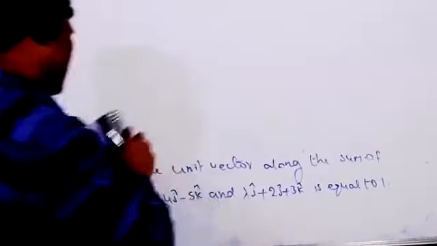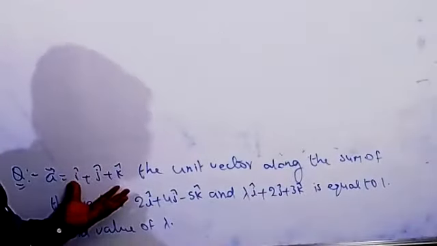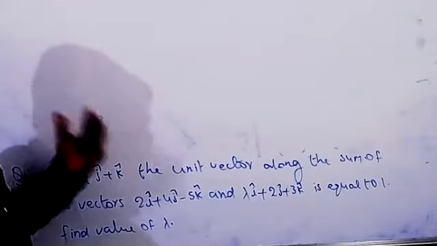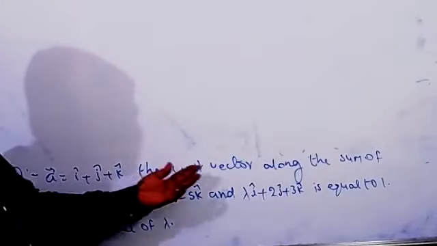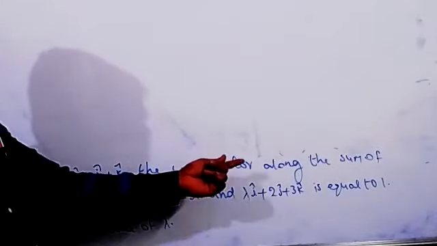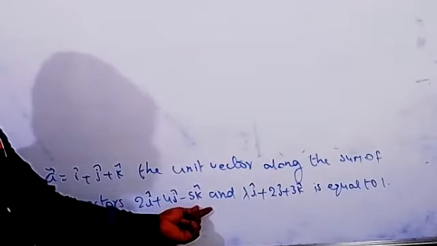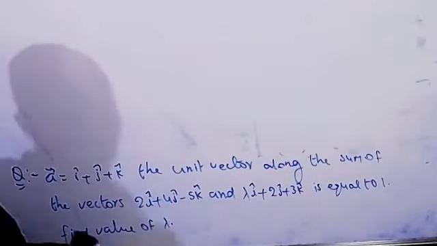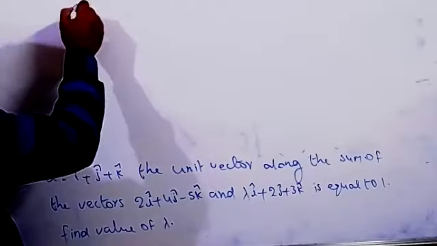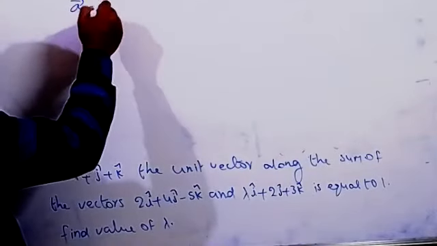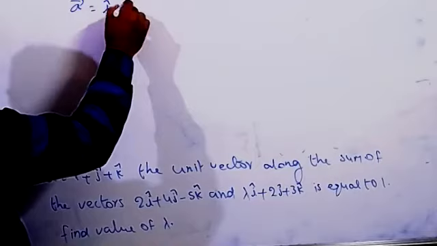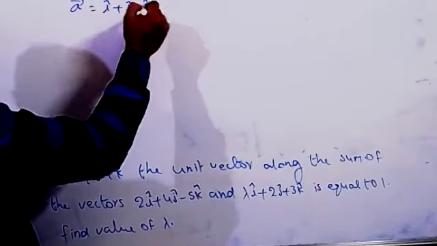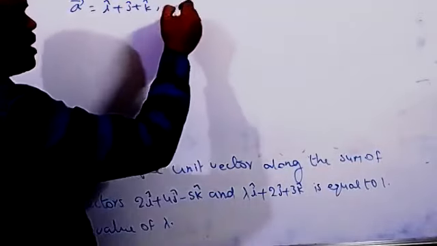The problem itself, they mentioned very clearly: the dot product of this vector and the unit vector along the sum of these two. This is also one of the important questions, you should remember that. Vector A equal to the given i plus j plus k, and these two vectors you can take here now.